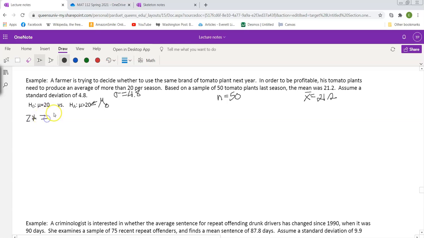So our z star is x bar minus mu naught over sigma over the square root of n. So x bar is 21.2 minus our hypothesized value of 20 over sigma, so 4.8, over the square root of the sample size, which we got to be 50.